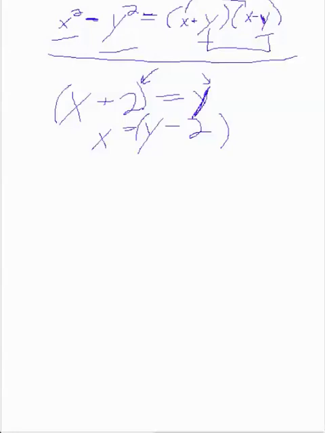So if you want to subtract 2 from both sides, you can do that. If you want to add 2 to both sides, you can do that. If you want to divide both sides by 2, you can do that. Anything you want to do, just with a goal of getting down to just one variable equal to some quantity. That's really at the heart of everything that is good and wonderful about algebra.